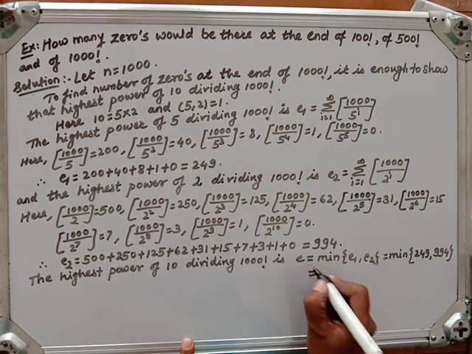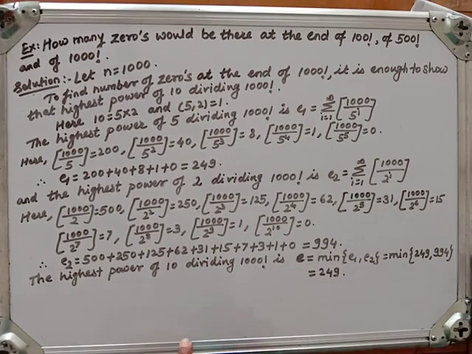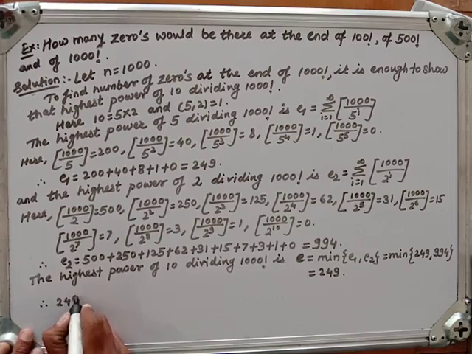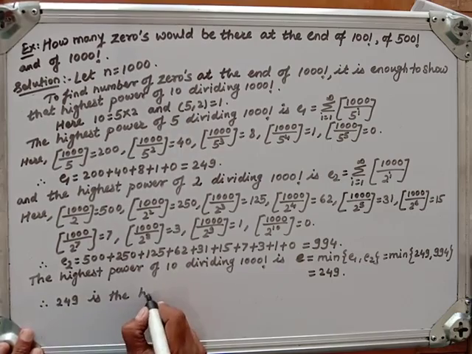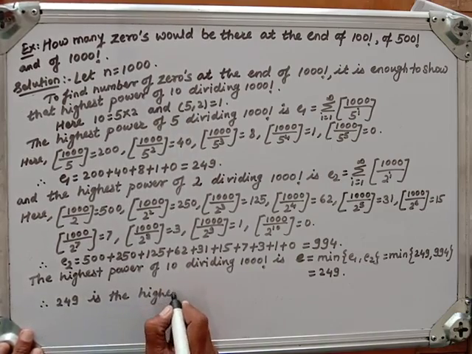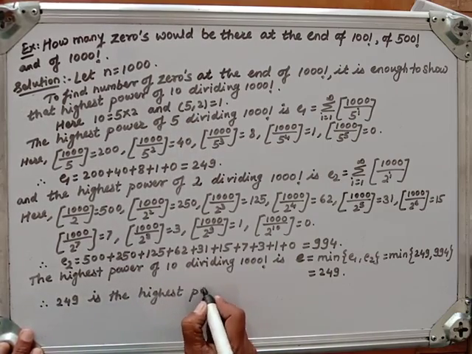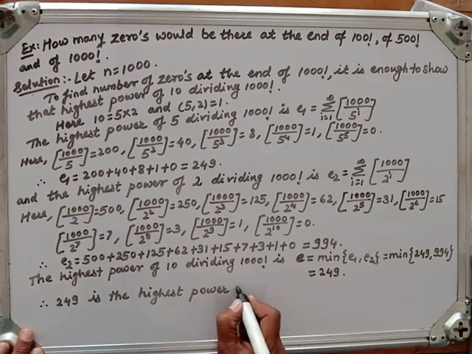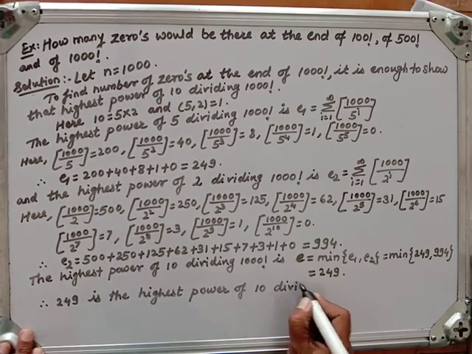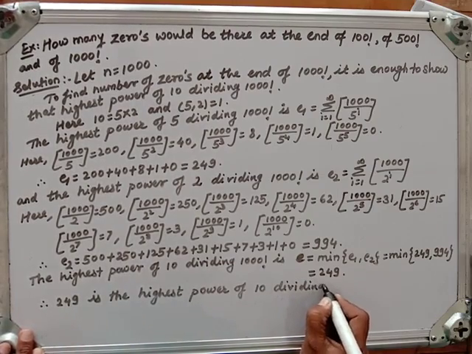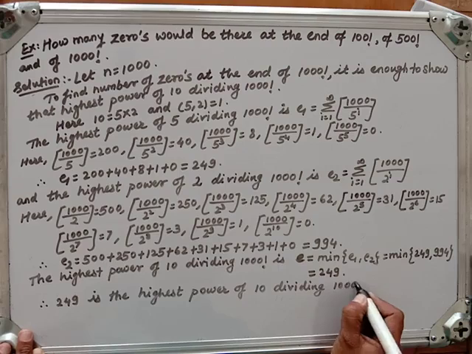So E is 249. Therefore 249 is the highest power of 10 dividing 1000 factorial.